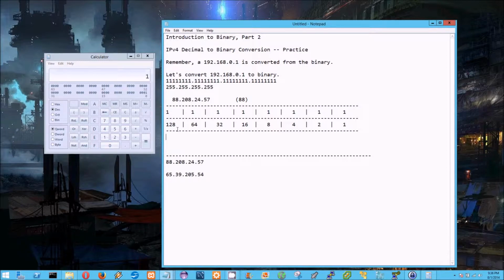Is 88 greater than or equal to 128? No, it's not. Let's move on. Is 88 greater than or equal to 64? Yes, it is. So 88 minus 64 equals, that should be 24. 24 is the next number, and we set that 64 bit.